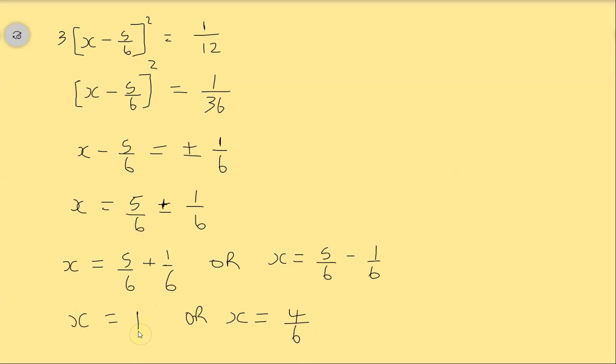As I mentioned before, should be able to add and subtract fractions. Since the denominator of both of these fractions is the same, then you would simply add the numerator, keep the denominator, so it's 6 upon 6, which is 1. For this part, denominators are the same. Again, subtract the numerator, 5 minus 1, that's 4. So you would have 4 upon 6. You can leave it as 4 upon 6, or we can simplify it to get 2/3.